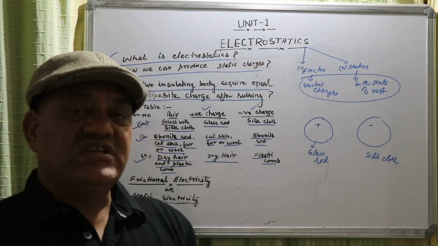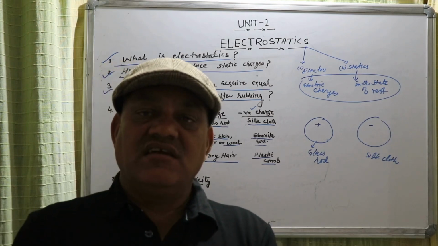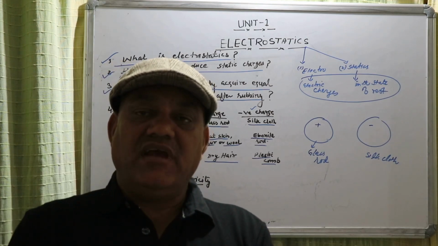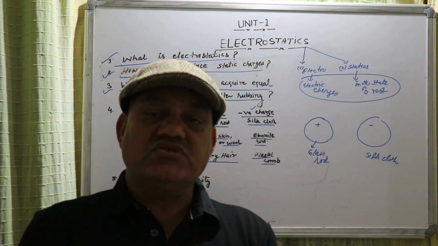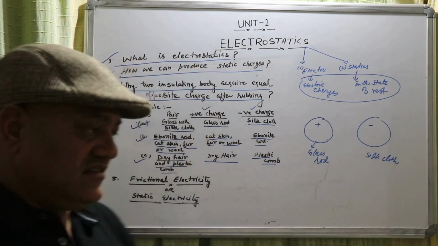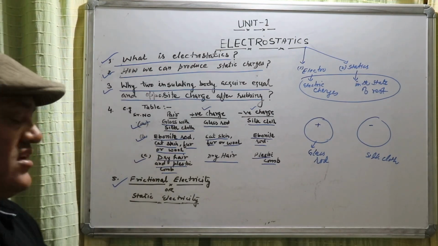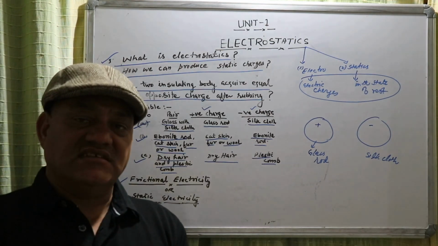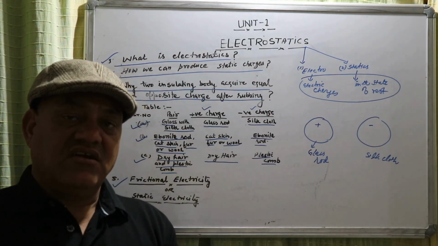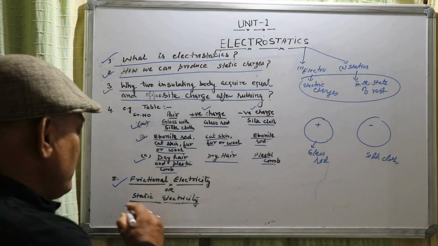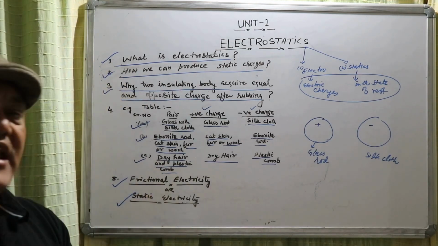And due to these charges an electricity is produced, and this electricity is known as frictional electricity, and it is also known as static electricity.